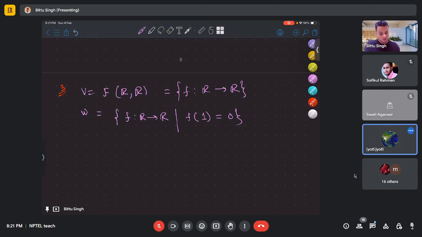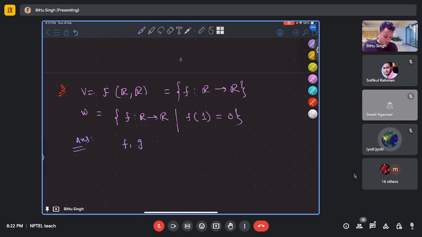If we take g, another function from R to R, and g must satisfy this condition, so the value of g at 1 is equal to 0, then the sum of those two functions f plus g must be from R to R. So choose two functions f, g from W. By definition, f at 1 should be 0, g at 1 should be 0.